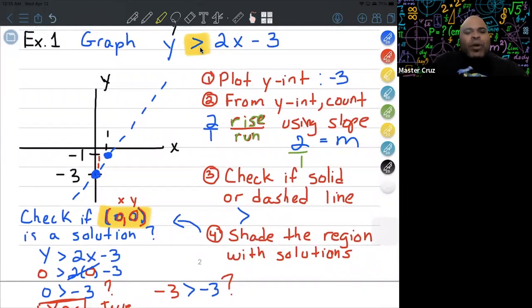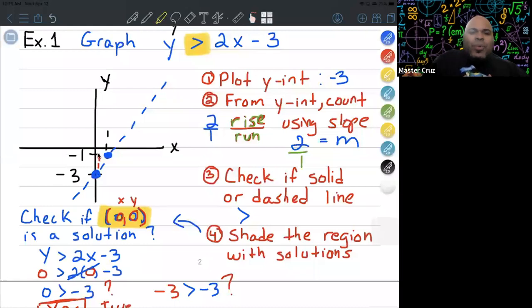So the first way to check which side to graph is that you have to go to the side that is greater. So I'm going to check my y-intercept, which was the first point that I plotted right here, and it is -3.